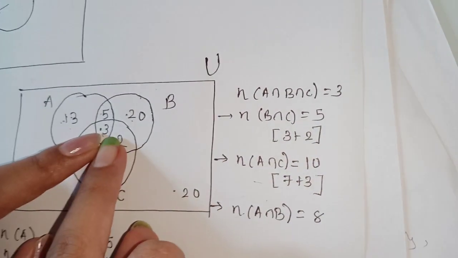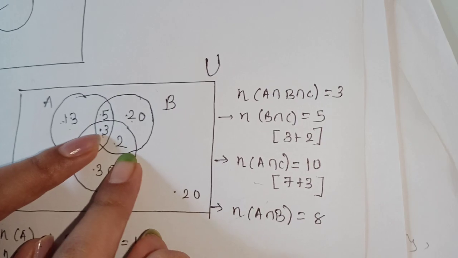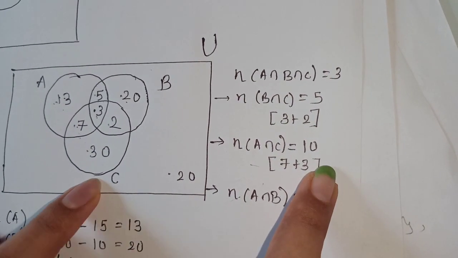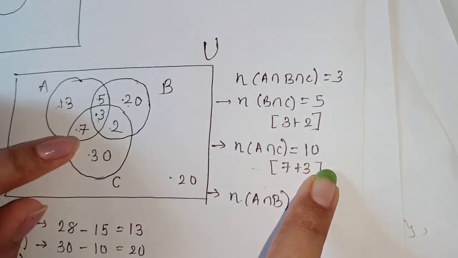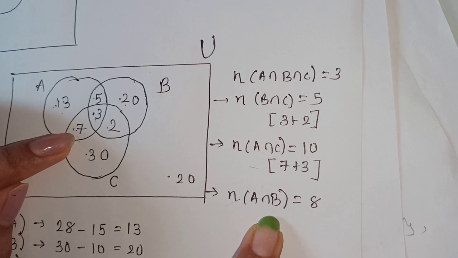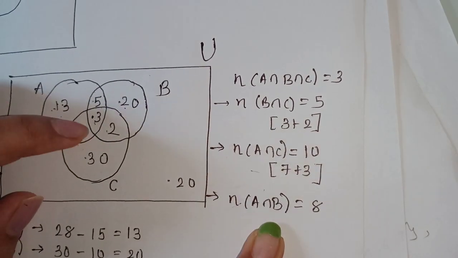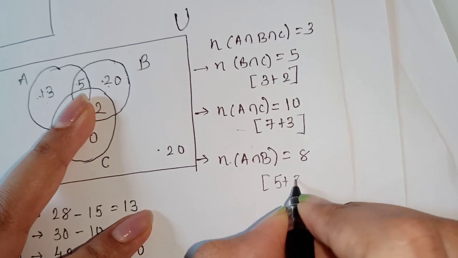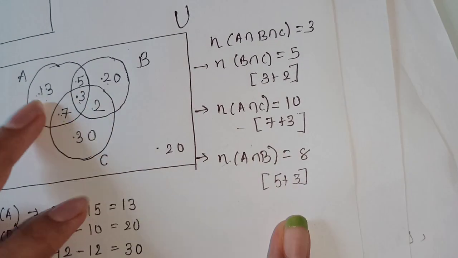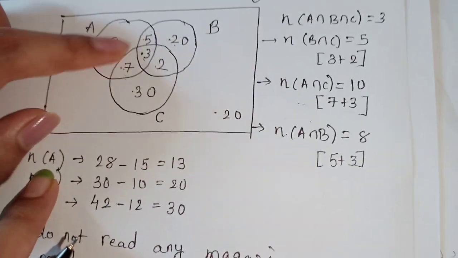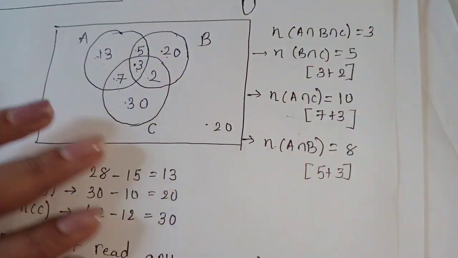So out of 5 I will subtract 3, so you will get 2 over here. Next is A intersection C. Total is 10, but 3 I have used here, so I will write 7 over here. And the last is A intersection B, that is 8, but 3 I have used here, so 5. So this is 5 plus 3. This is the A intersection B.